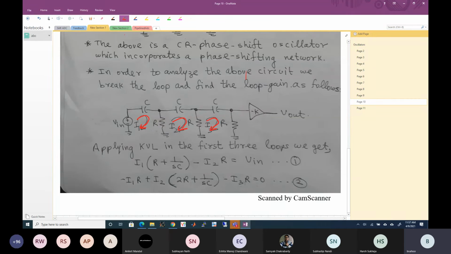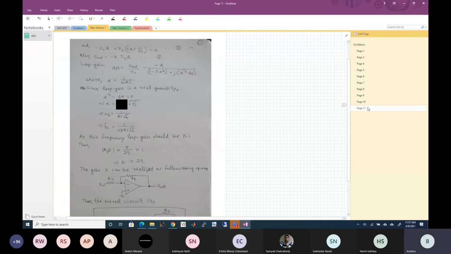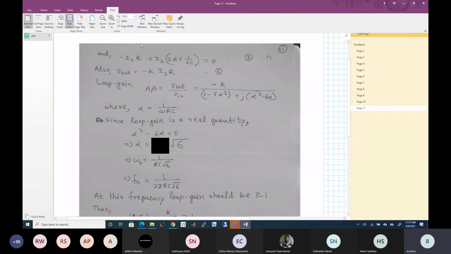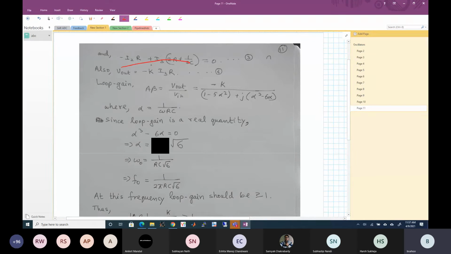In the second loop, the current flowing is I2 minus I1 times R, and here it is I2 minus I3 times R, and there is I2 times 1/SC. Based on that, this is the second loop equation. And then finally, the third loop equation is given by this expression.